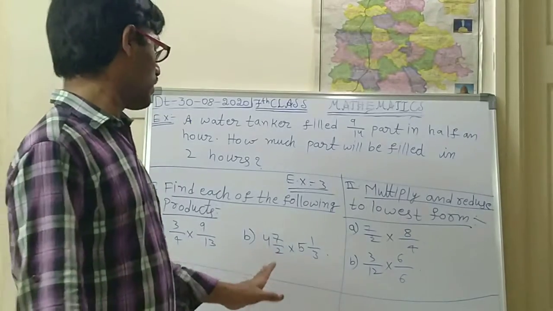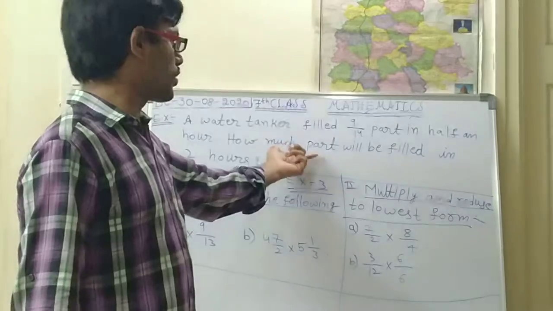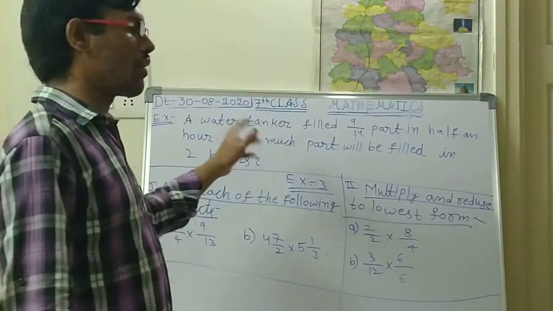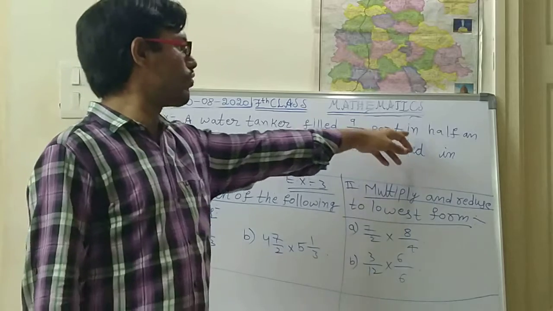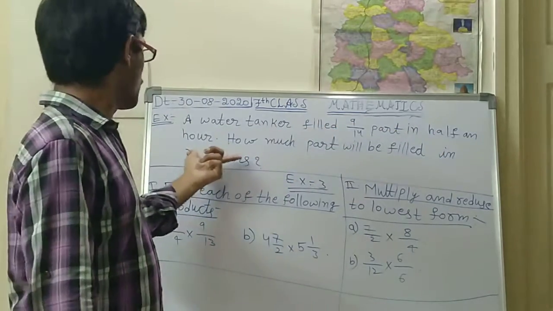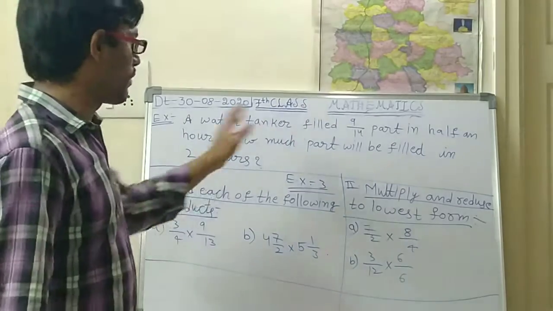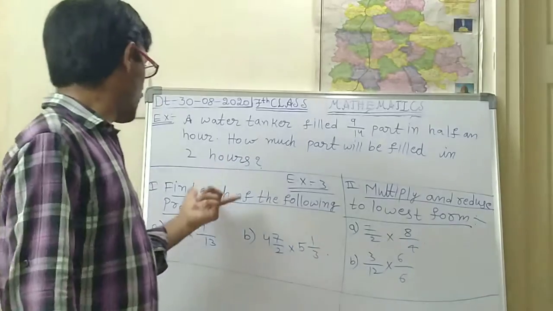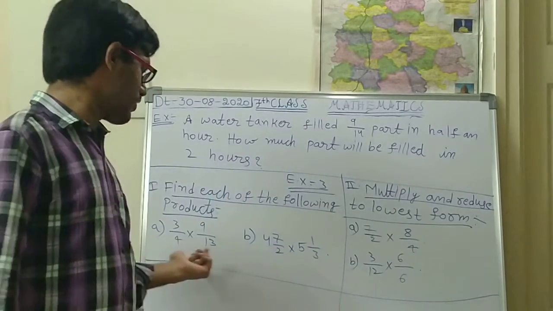Okay, so this is the swimming pool problem. If you did not understand this one, recall the swimming pool problem once again and you can understand. Here, 9 by 14 part in half an hour. Half an hour means 30 minutes. But in 2 hours how much part will be filled? Same like that you should do. Next, exercise 3 first bit: find each of the following products. Just find the product.